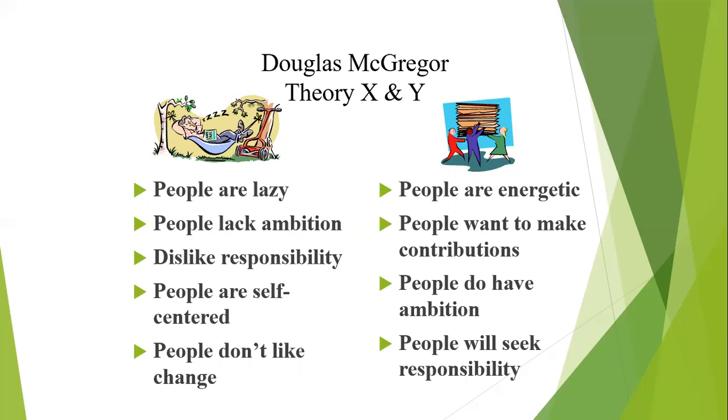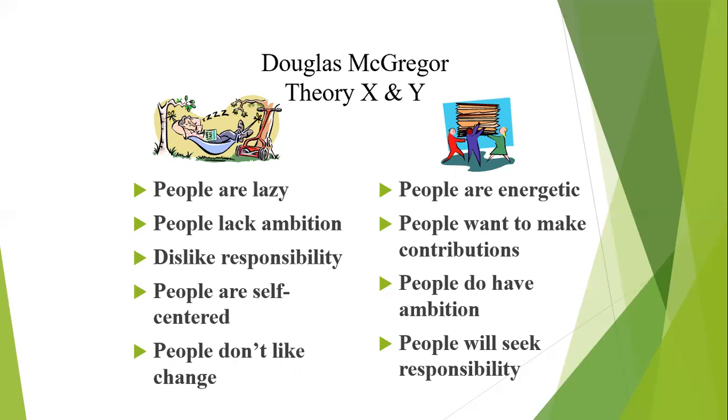Basically, if you look at these two theories, the assumptions of theory X are all negative. The people are lazy, selfish, they don't like responsibility, they don't like change, a lot of negative assumptions.